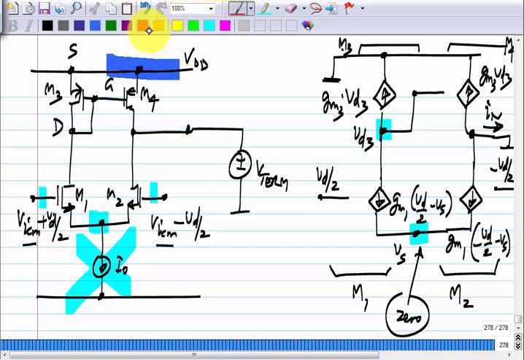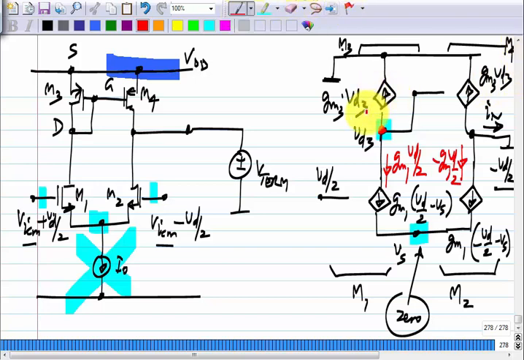So, what is this current now? How much is it? GM1 times Vd by 2, and here it is, what is it? Minus GM1 Vd by 2. Okay. Now, we also have to equate this current with that current, right, isn't it?